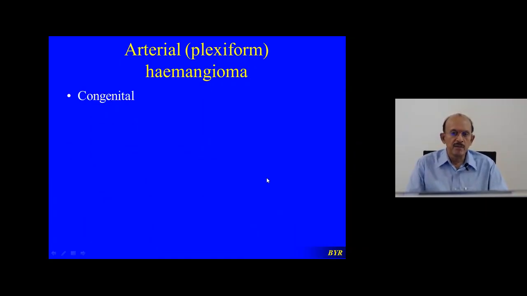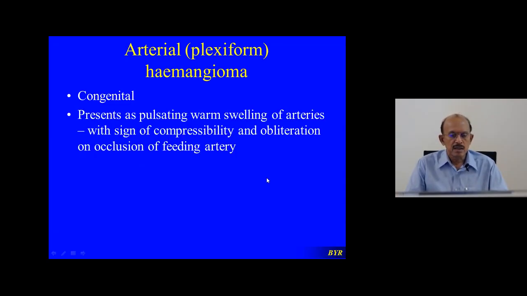Then arterial hemangioma. Here there is an excess amount of arterioles or arteries. Congenital, it presents as a pulsating warm swelling of arteries with sign of compressibility, and they get obliterated on occlusion of the feeding artery.